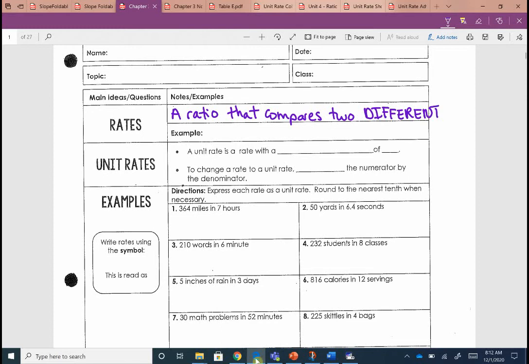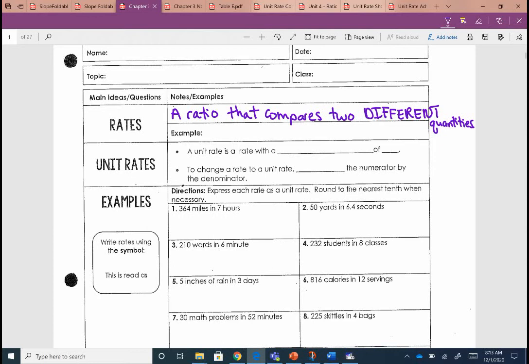If you remember back, what a ratio does is it compares two different amounts. So our rate is going to compare two different quantities. That's what our rate is going to do.